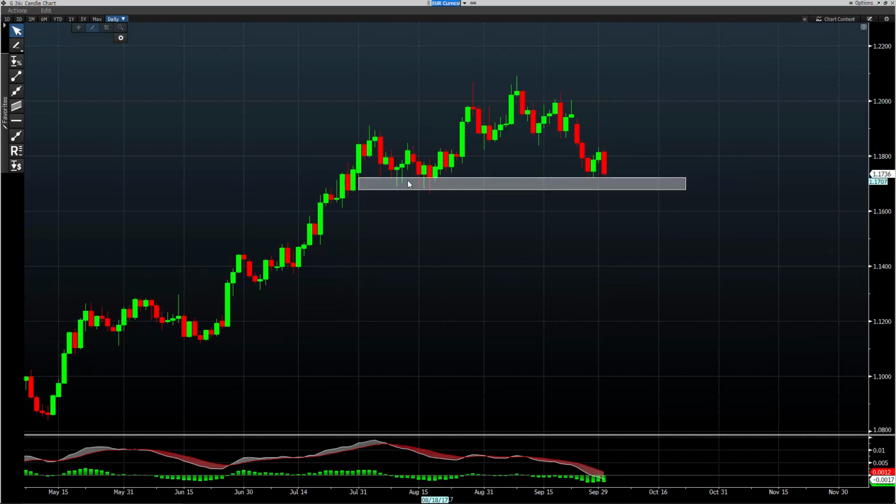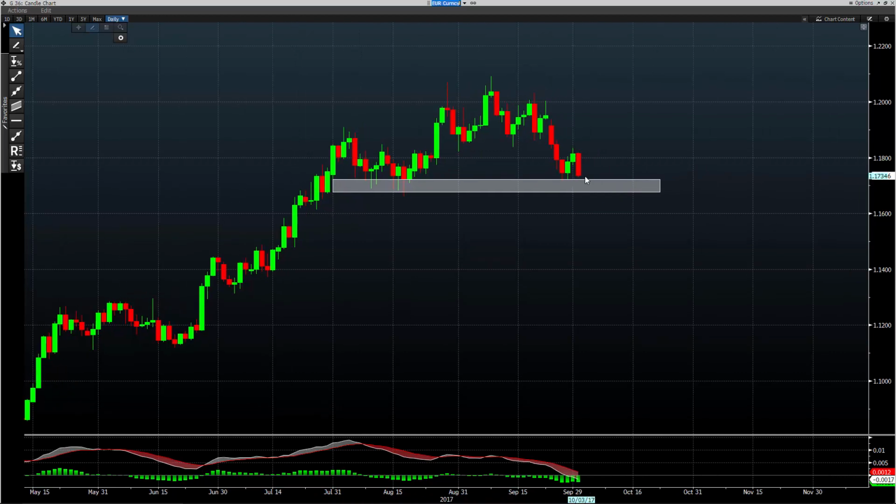Sellers have taken it down to this level, but going back to July, this level has held from the buy side that whole time. Below this, it's going to get a lot more slippery for the buy side, but until that gives way, it's still a very formidable area for euro buyers and euro long. So keep in mind that that's the area we're dealing on.